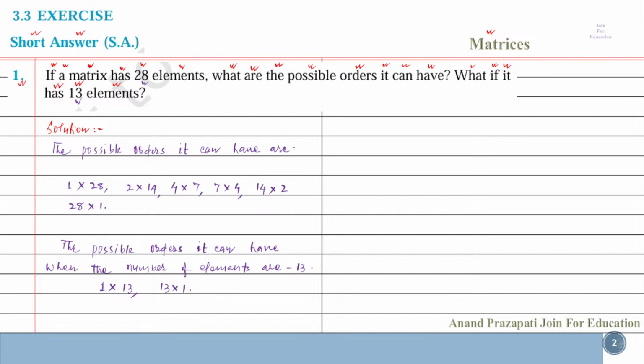So the required answer is: 1 by 28, 2 by 14, 4 by 7, 7 by 4, 14 by 2 and 28 by 1 when the number of elements is 28.